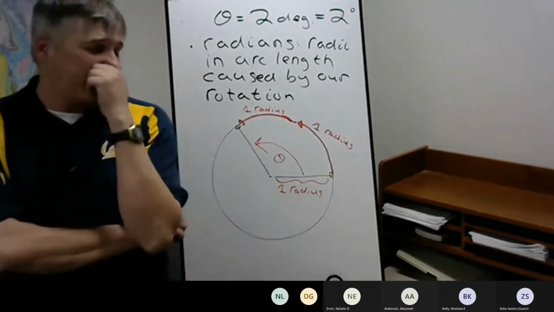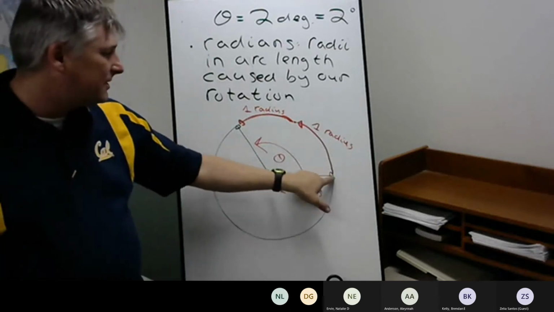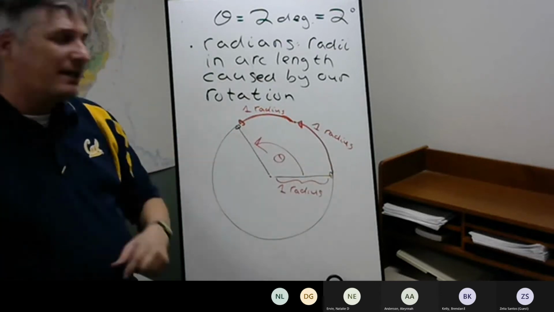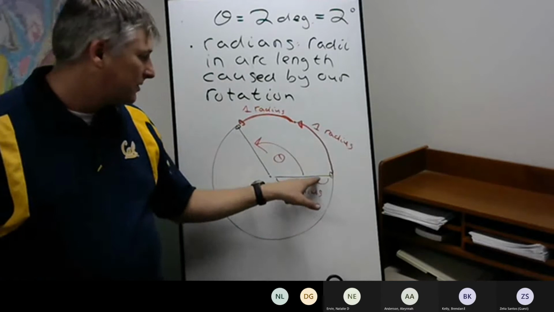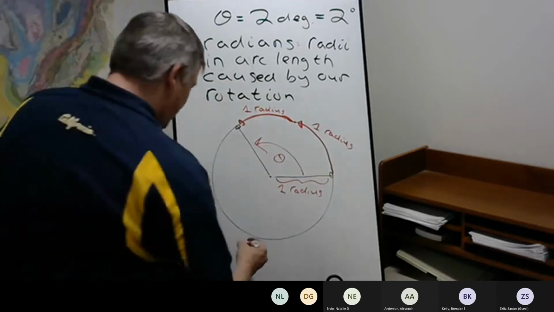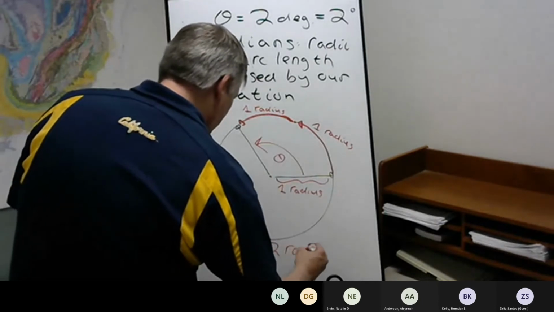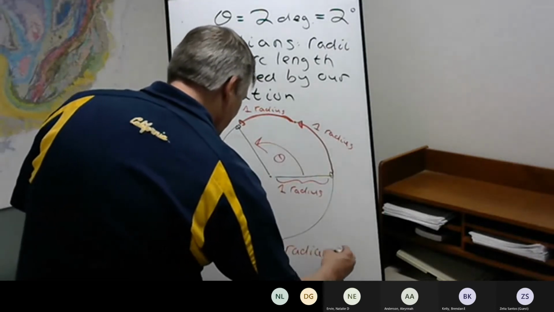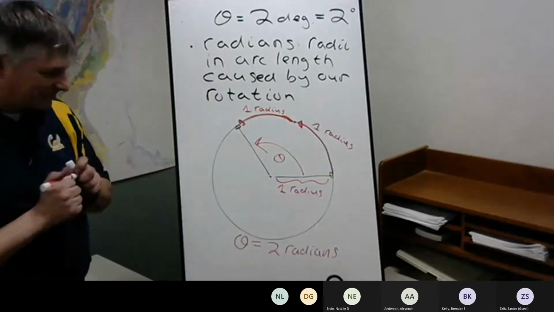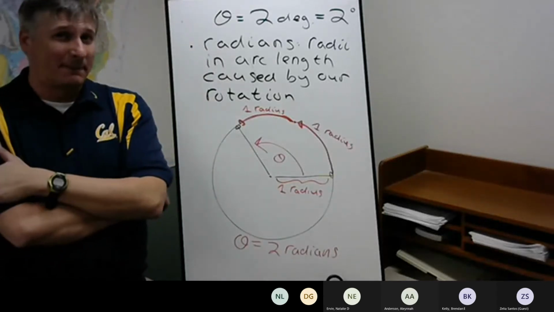In this case, theta is the number of radii that are on this arc length created by this rotation or this angle. So here, theta would be equal to 2 radians. Questions about that?